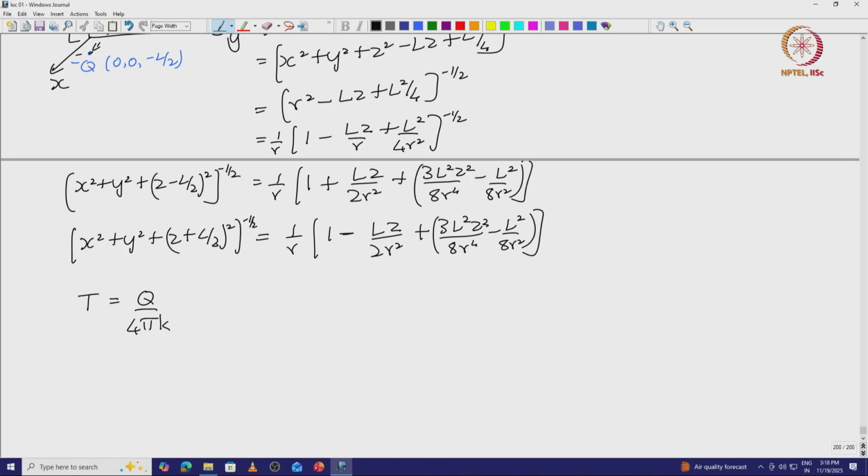And if I take the minus half power, I will get minus half into minus Lz by r plus L square by 4 r square. And I finally get Lz by r square as the result for this point dipole.